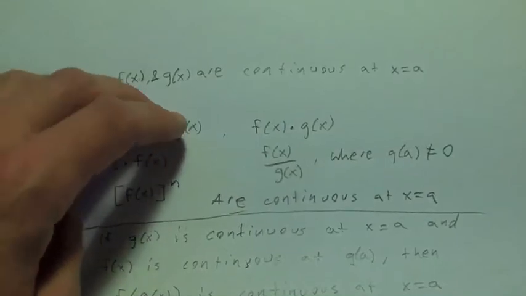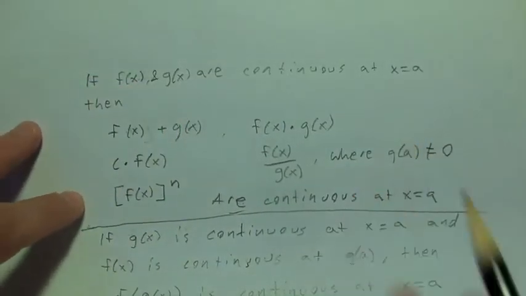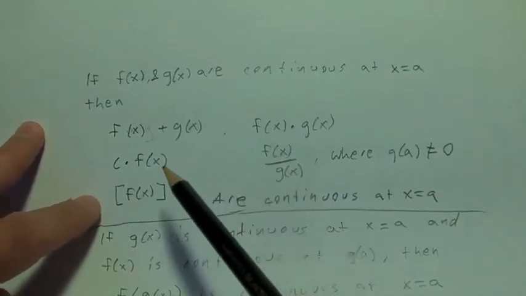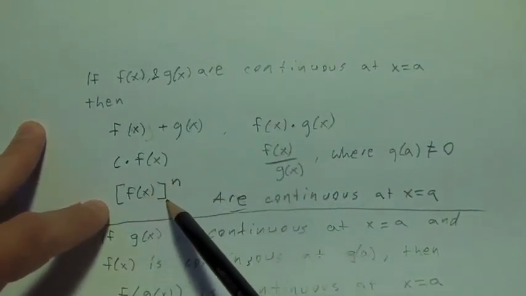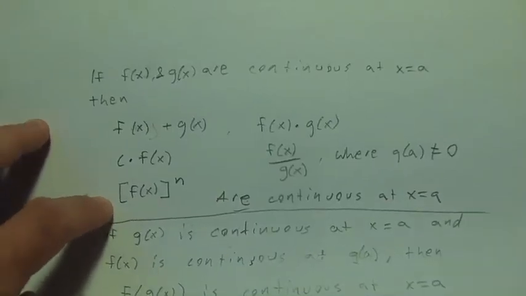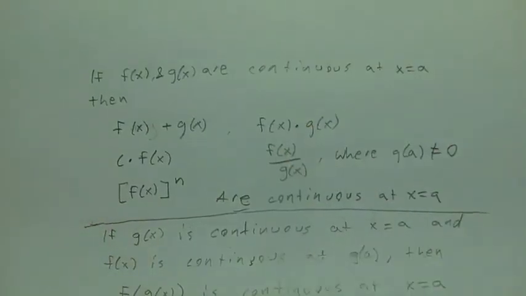That's always in your properties. You'll see just everything's not allowed to be or you're not allowed to divide by 0. Okay, and then f of x raised to the n power is continuous at a. All these are continuous at a.